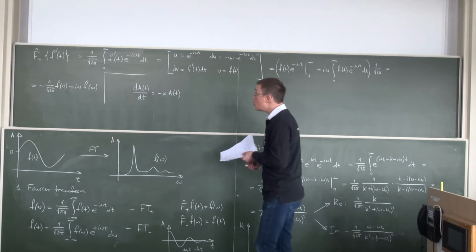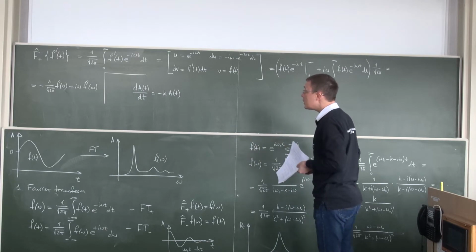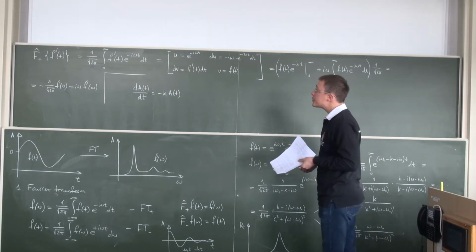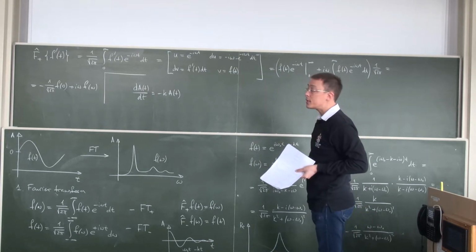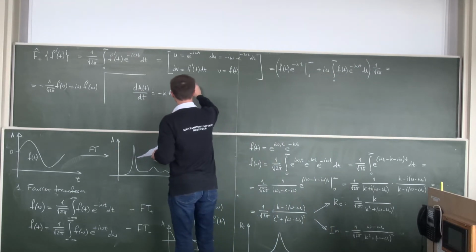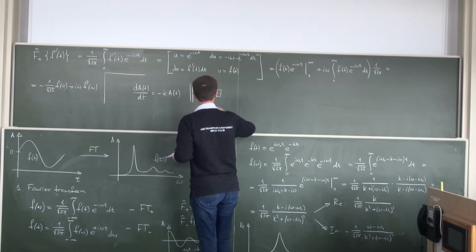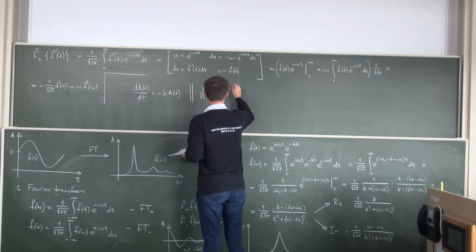So let us now apply a forward Fourier transform from 0 to infinity to both sides of these equations. So to both sides, 1 over 2 pi integral from 0 to infinity of whatever we are acting on, e to the minus i omega t dt.